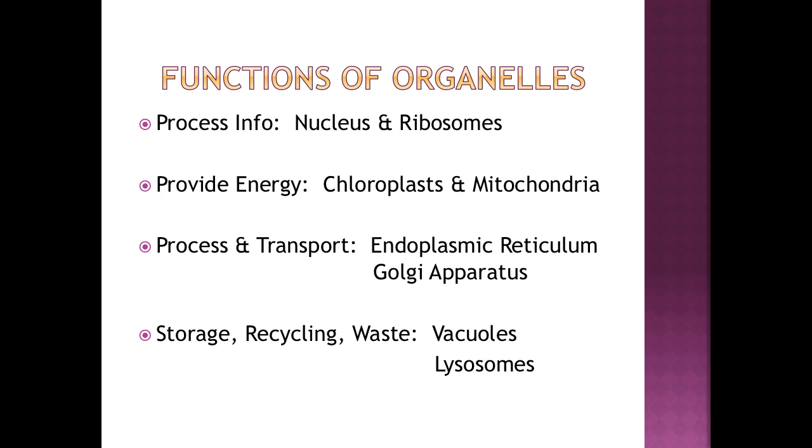The organelles that are responsible for providing energy to the cell include chloroplast and mitochondria. The organelles that are responsible for processing and transporting things throughout the cell include the endoplasmic reticulum and the Golgi apparatus. And the organelles that are responsible for storing, recycling, and waste in a cell include the vacuoles and the lysosomes.